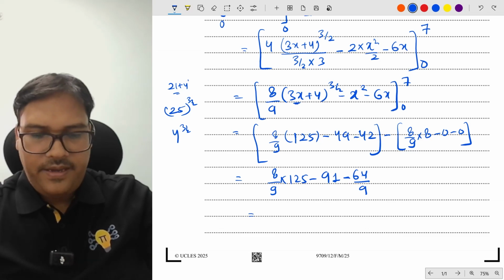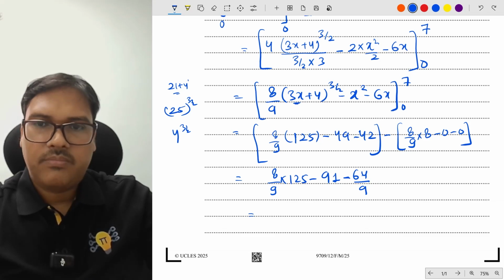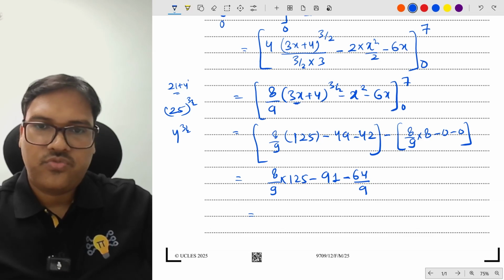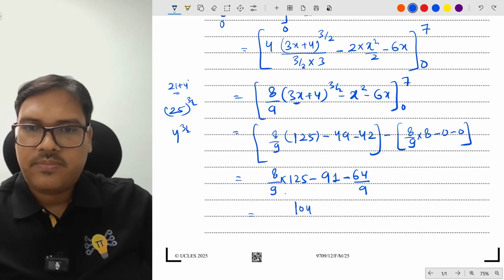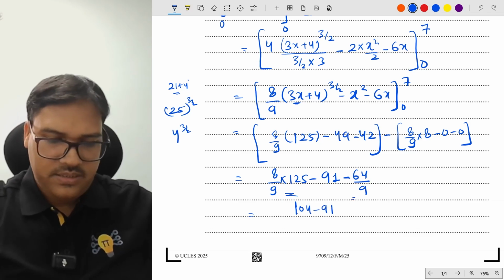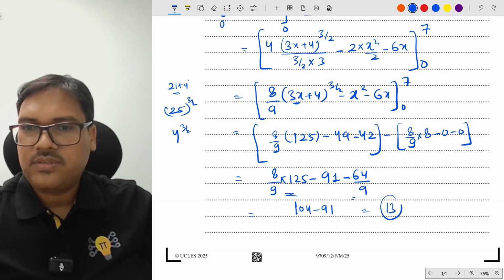This is 8 into 125 minus 64 divided by 9. In fact, these values, this is 104. If I subtract these two, basically minus 91. So this is minus 91, which is 13. If I simplify this, we'll find this is 13.